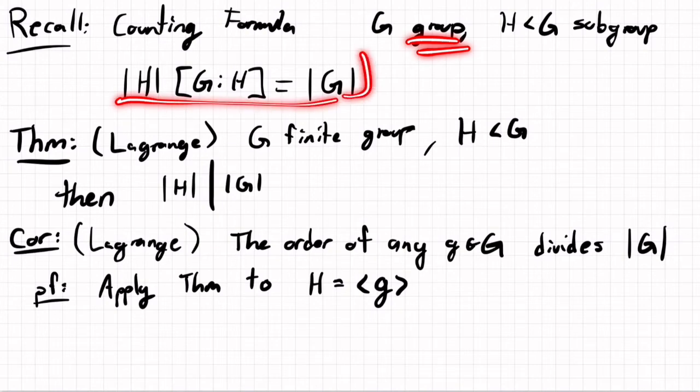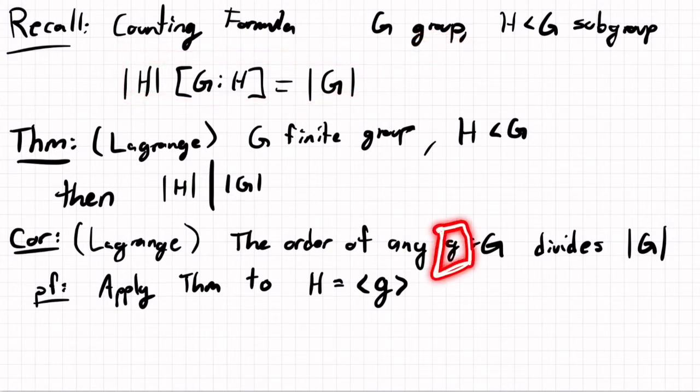We proved this formula, and now we say that for any element, its order has to divide the order of the group G. This is for G a finite group, but somehow there's some divisibility going on, some divisibility properties.